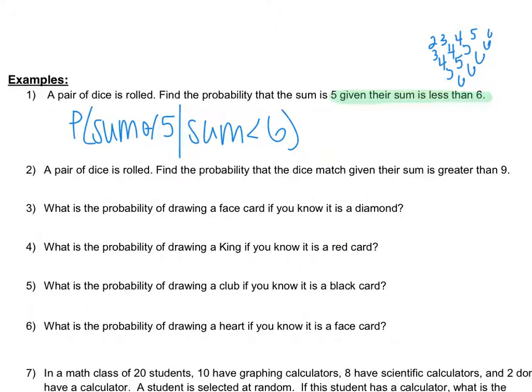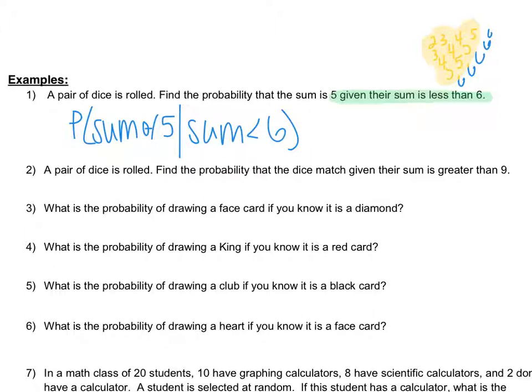Okay, so we know that the sum is less than 6. So what that allows us to do is take our 36 total outcomes and cut it down to this group right here, because these are all numbers that are less than 6.